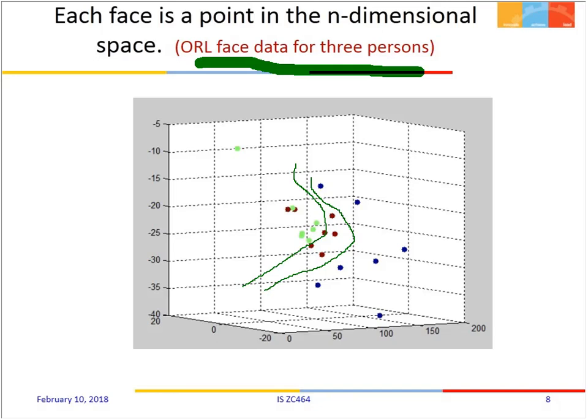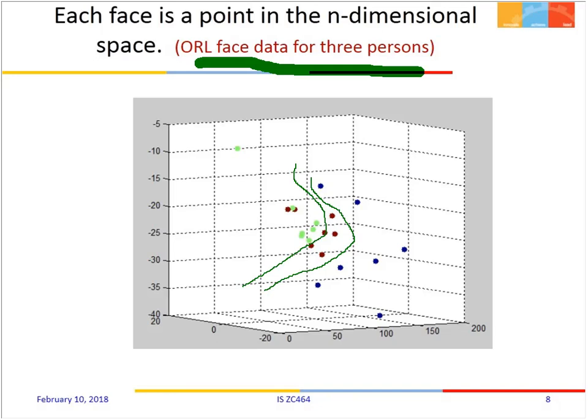So the question: what do the X and Z axes represent in this image? See, all three axes, X, Y, and Z in this particular picture, are representing three important attributes which are very informative about the human face, and they are also distinctive to some extent, not thoroughly.